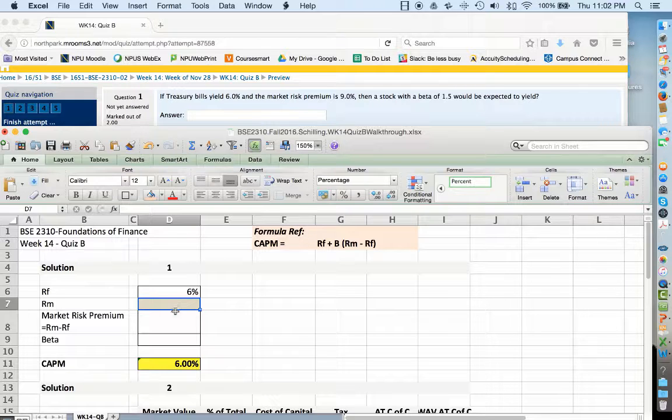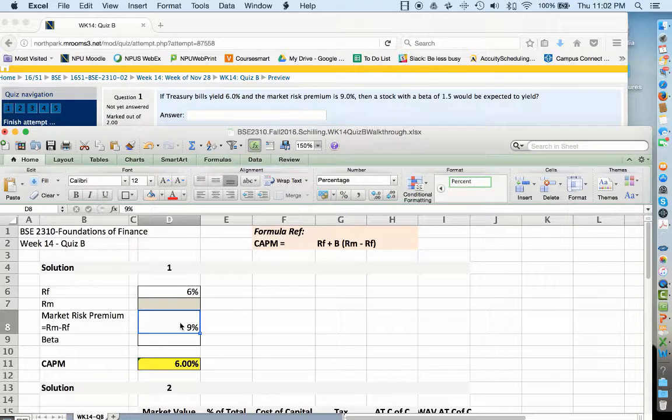If I had the market rate, I would subtract the risk-free rate from the market rate to get the market risk premium. Since I have the market risk premium, I'm just going to go ahead and use that number.